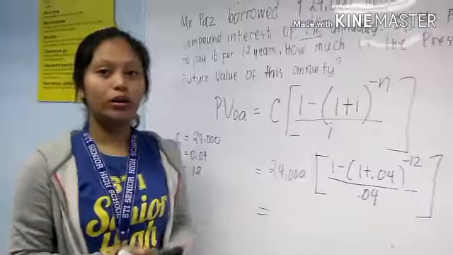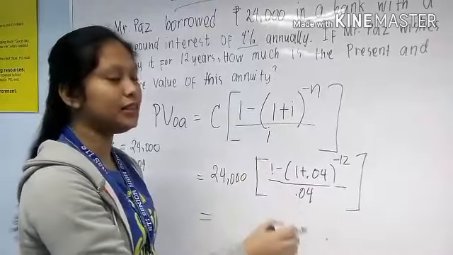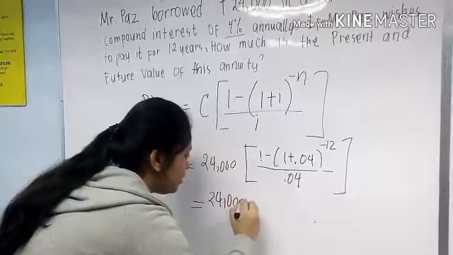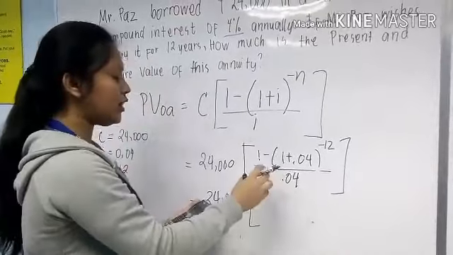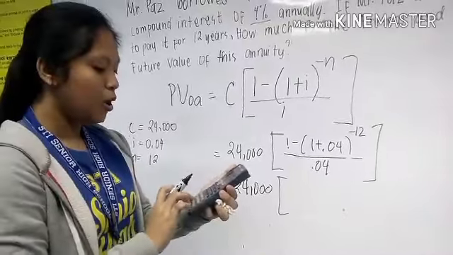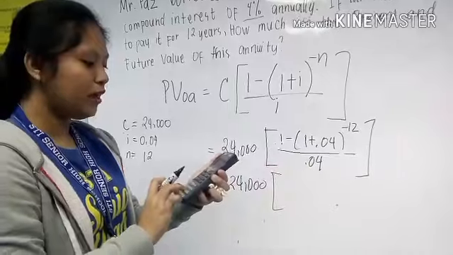For the present value of the ordinary annuity, you have to solve first the one inside the quantity. So copy the 24,000, and type in your calculator 1 minus (1 plus 0.04) raised to negative 12.